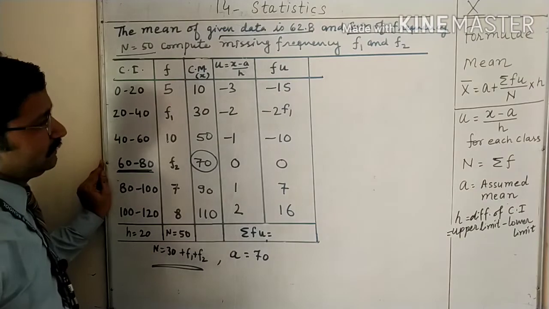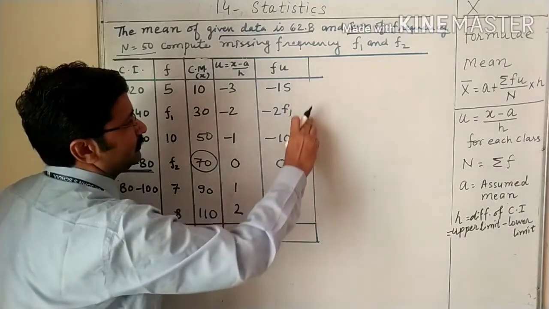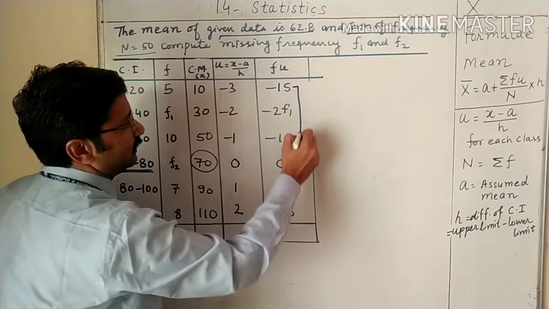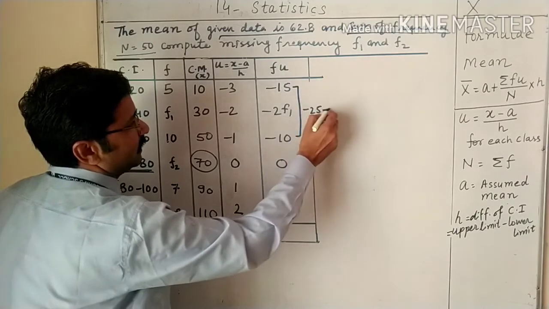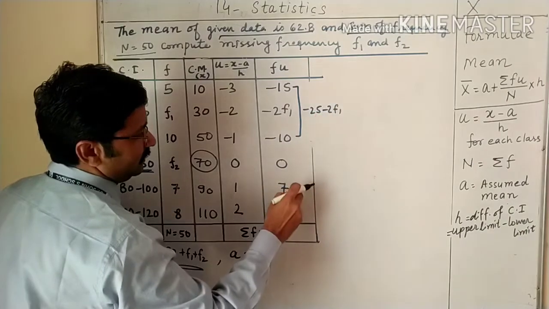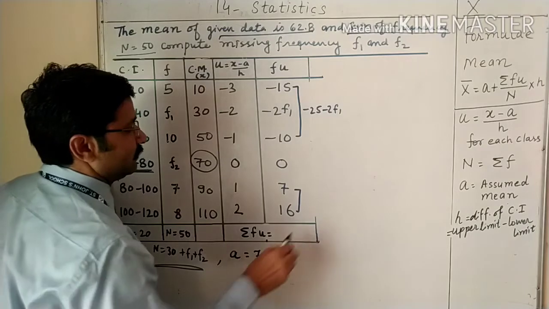Now in this you have to find the total of fu. Before that, check here: -15 and -10 will be -25, and this is -2f1. Similarly, add these two terms, 7 and 16, you get 23.